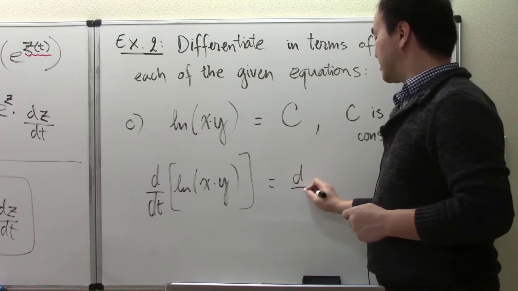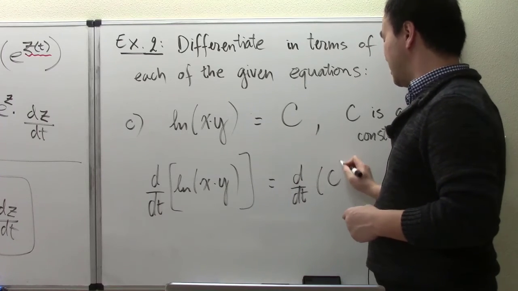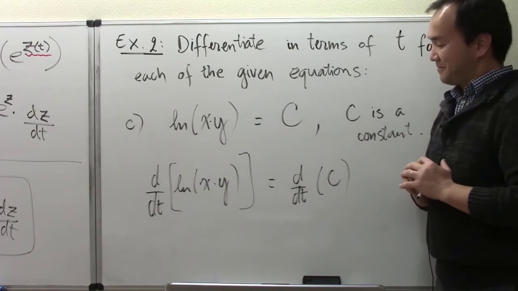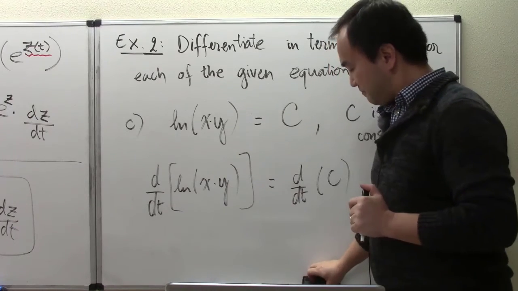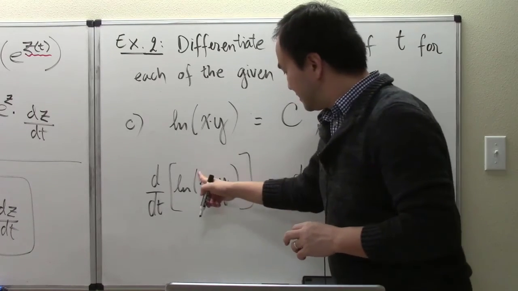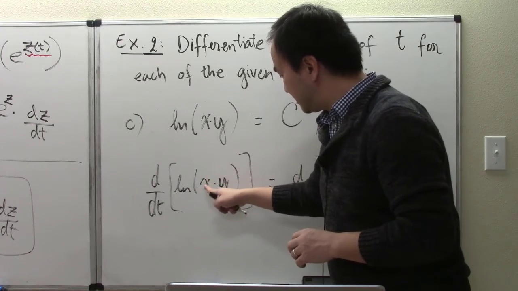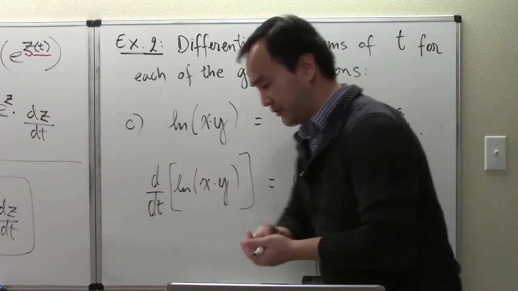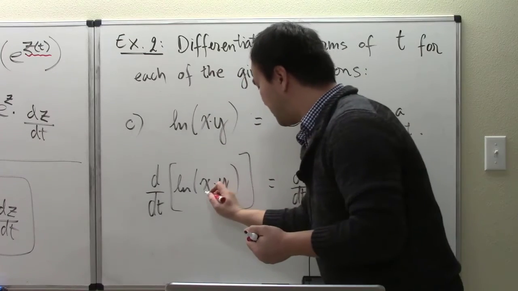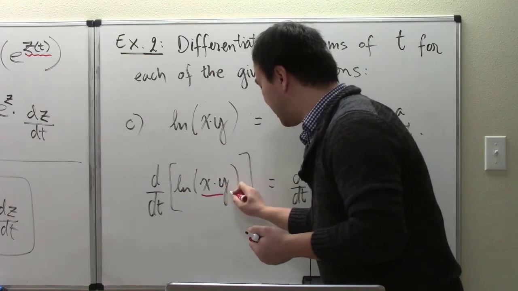And then on the right-hand side, I'm differentiating the constant C in terms of t. Okay, and so right now I can see that I have the product x times y as being inside of my logarithm function. So this part that I underline right here is the inside part.